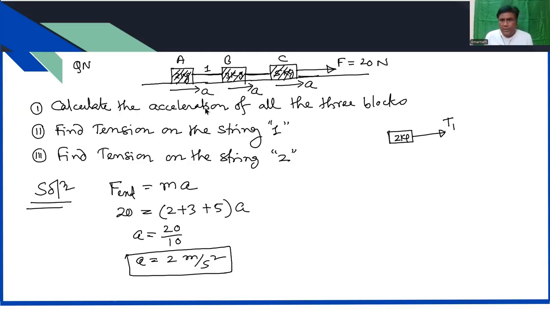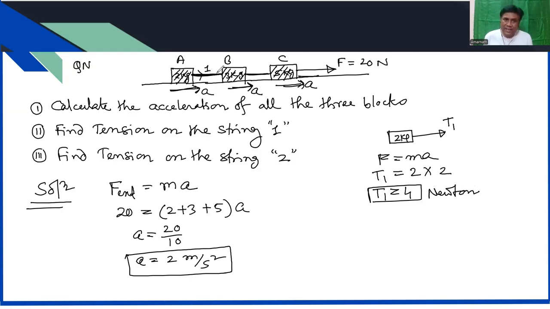So only a rightward force is there. Again you apply force equal to ma, but this time force is only T1, mass is 2, and acceleration I have already shown must be the same for all three, that is 2. So it means tension on the thread is 4. Remember, this thread is pulling the 2 kg with 4 Newton only.